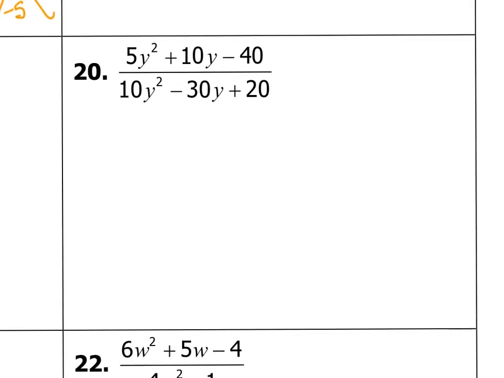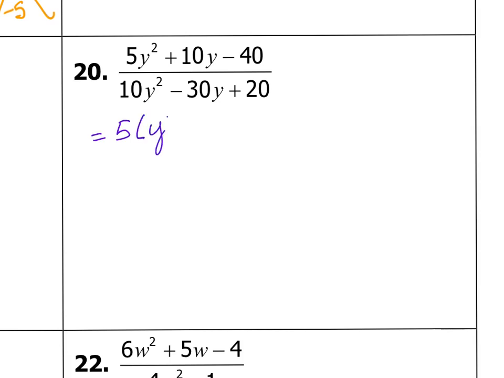20. Okay, before I factor these, I'm going to see what I can take out of the top. I'm pretty sure there's not a variable in all terms, but there is a 5 in all the terms. So I can take a 5 out of the top.